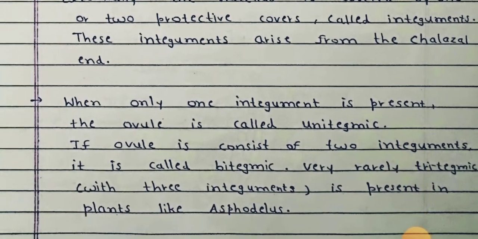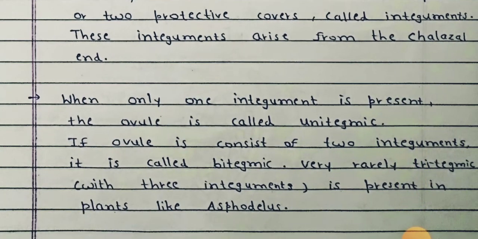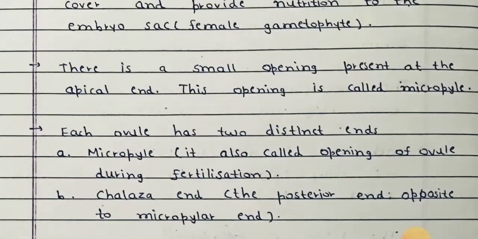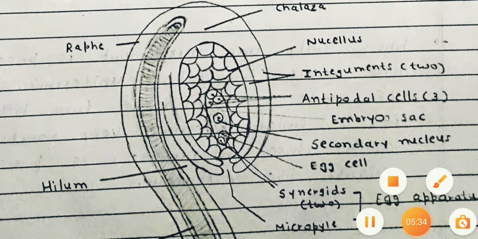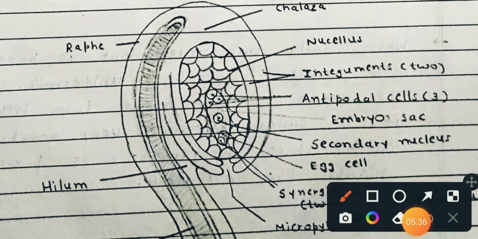Now, externally, the nucellus is covered by one or two protective covers that are called as integuments. These integuments arise from the chalaza. See, here in this figure you can see that these integuments arise from the chalaza.